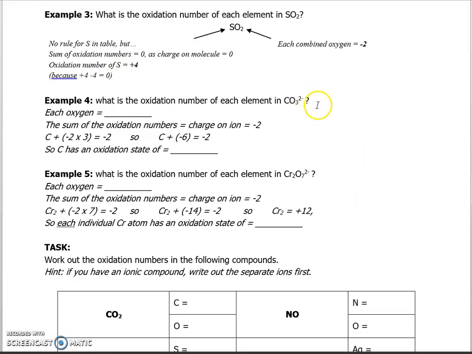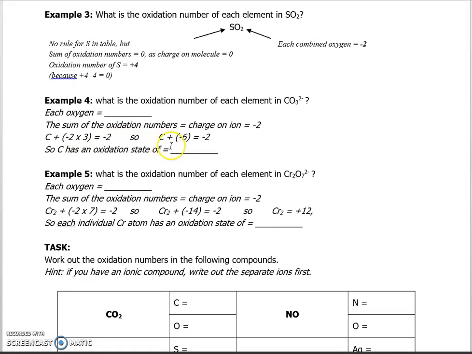We'll look at a couple of ions. The carbonate ion. Now we've got an ion with a charge of 2-. We know that when oxygen combines, its oxidation number is -2. Therefore, carbon plus 3 lots of -2 equals the charge of -2.